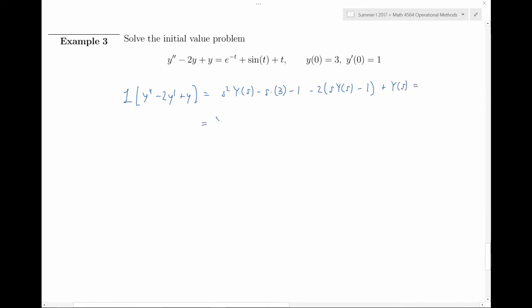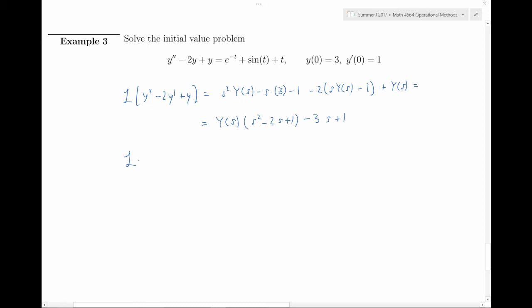If you simplify, Y of s gets coefficients s squared minus 2s plus 1, minus 3s plus 1.